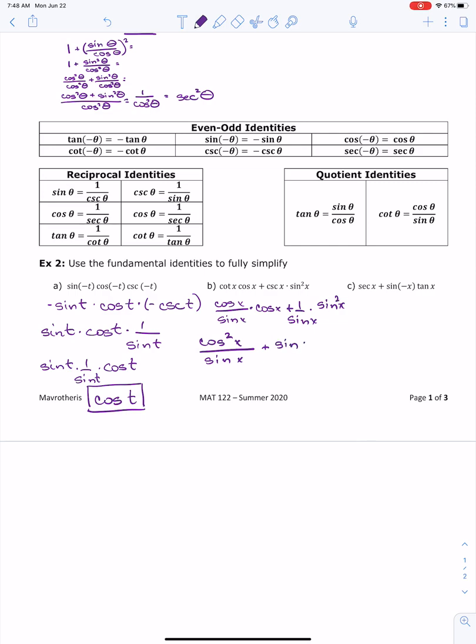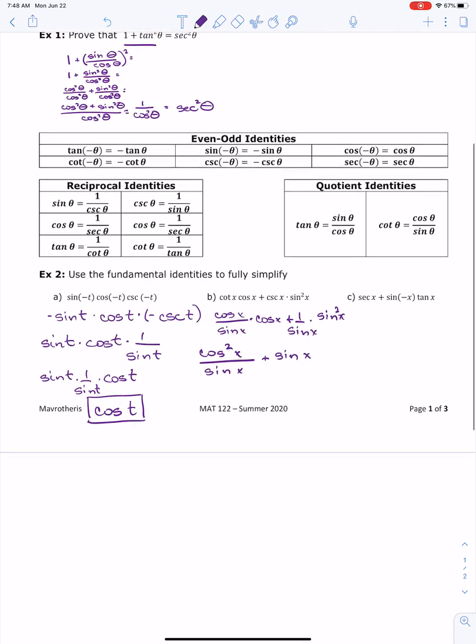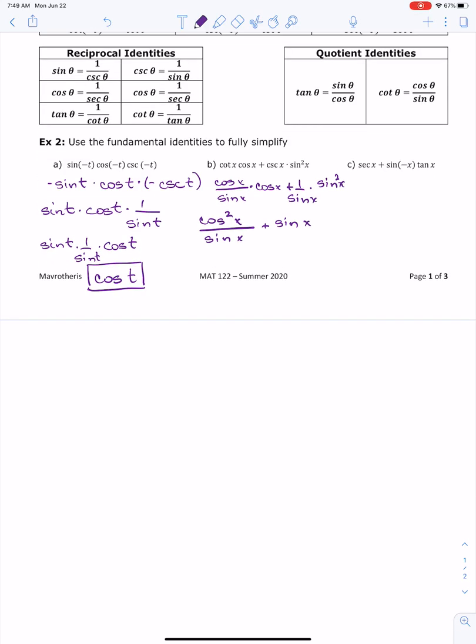I'm going to cancel one of the sine x's in the numerator and denominator. Now I'm going to multiply that second term by sine x, so I get a common denominator. I get cosine squared x over sine x plus sine squared x over sine x. I guess I could have just noticed that there was a common denominator to begin with and not canceled those. I can combine.